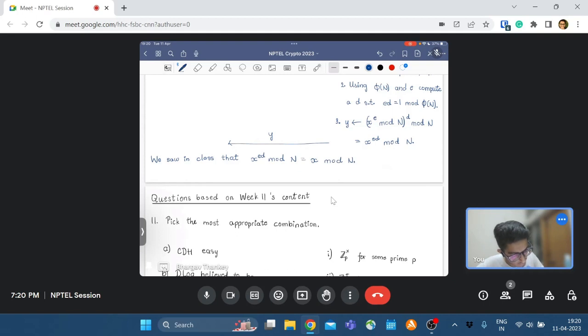So the adversary can win the RSA security game.